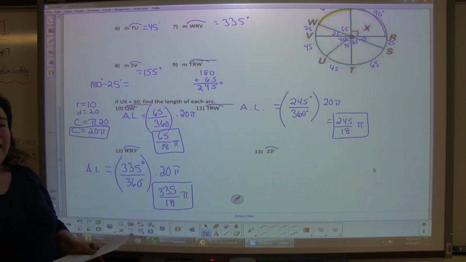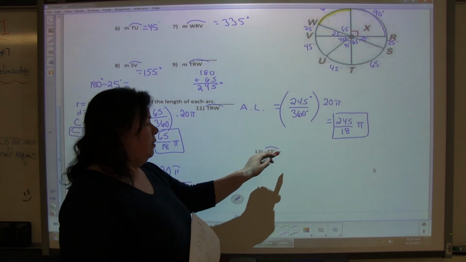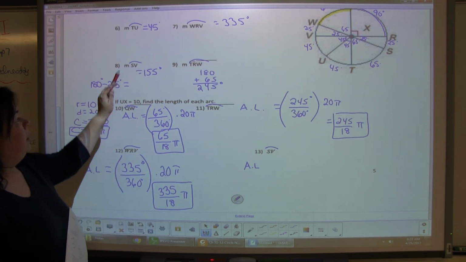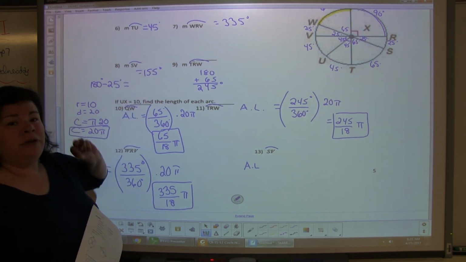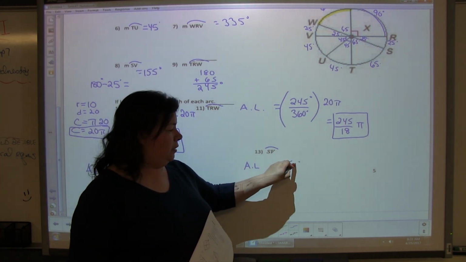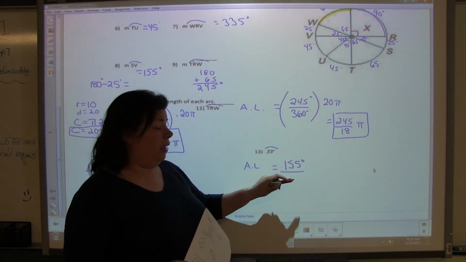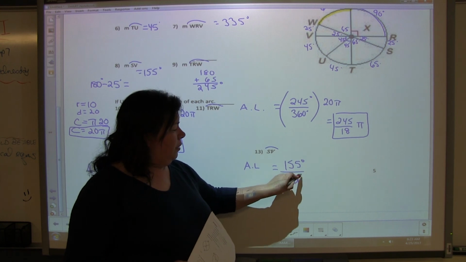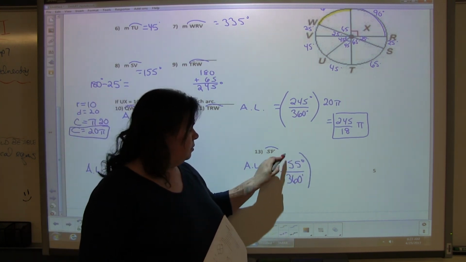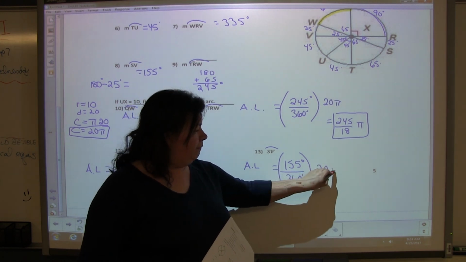Okay? And finally, the arc length of arc SV. If we look here, we found the measure of arc SV, which is 155 degrees, divided by a full circle, 360 degrees, times the circumference, which is 20 pi.